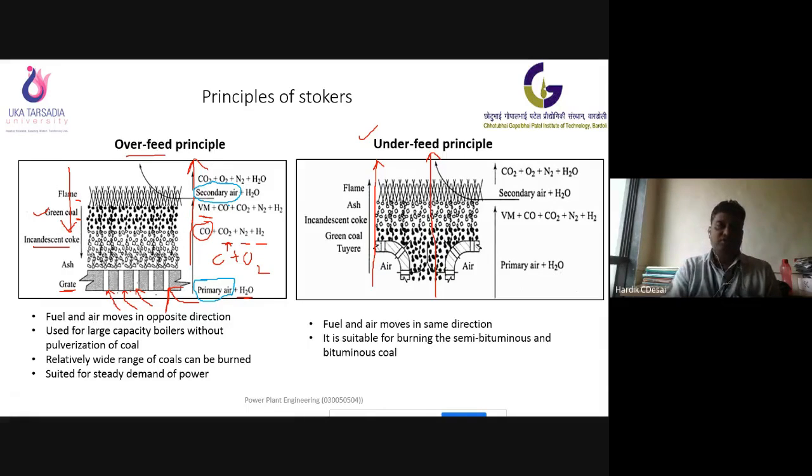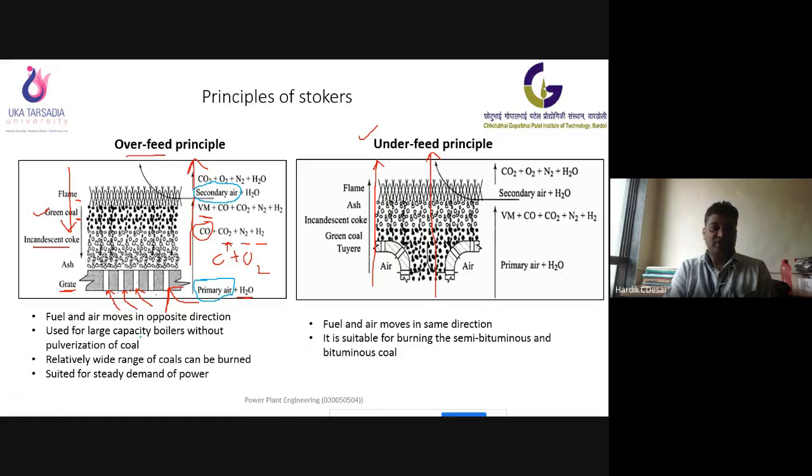After this, you will have a good amount of heat energy, because carbon and oxygen combine together and form carbon dioxide. This is an exothermic reaction, so it will release a good amount of heat. Heat will be generated and here you will have the flame, and this heat will be supplied to the boiler to generate the steam.